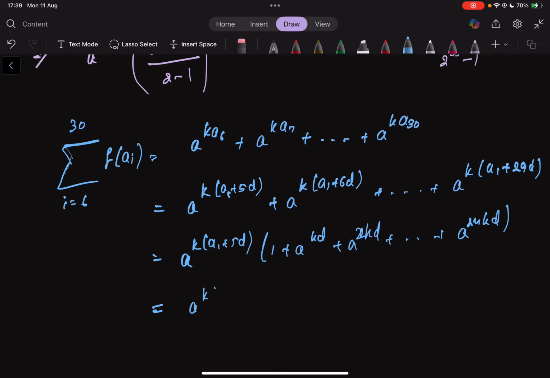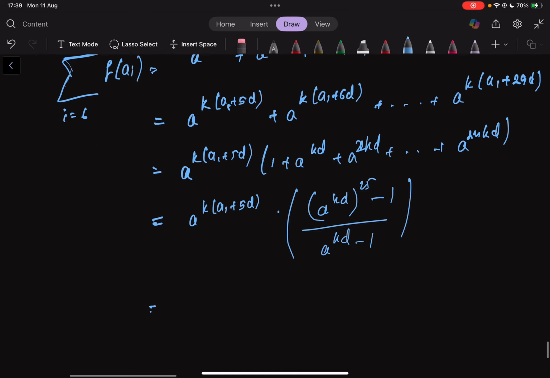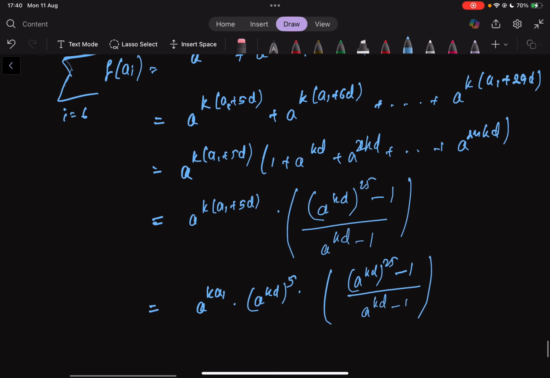Now again, the second term here is a geometric progression. So a to the power k times a1 plus 5d into, so there are 25 terms, a to the power kd whole to the power 25 minus 1 by a to the power kd minus 1. So that is equal to a to the power k a1 into a to the power kd whole to the power 5 into a to the power kd whole to the power 25 minus 1 by a to the power kd minus 1.